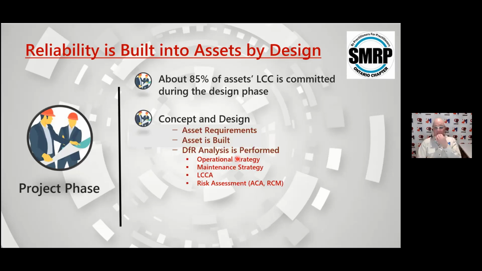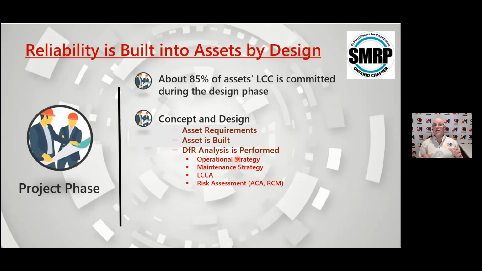So here is where we get all the asset requirements. The asset is going to be built, and we do all the design for reliability analysis, for putting together strategies on operation, on maintenance, life cycle cost analysis, risk assessment, etc. There is a preliminary risk assessment that must be done here at the project phase.